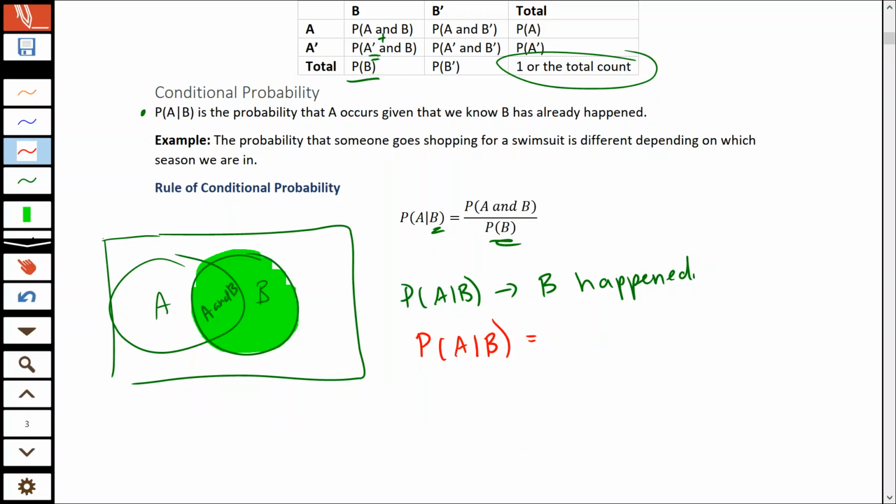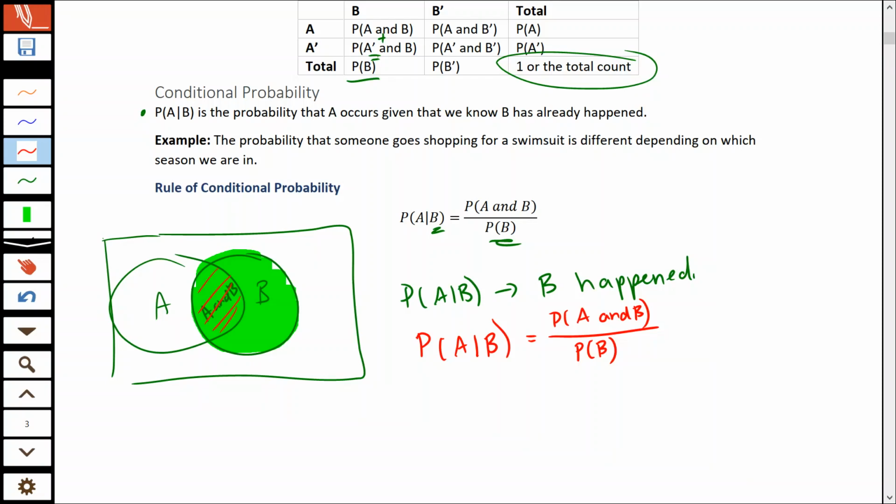So the chance that A happens is going to be this striped red area out of that green circle. And it turns out that striped red area is the joint probability. It's the probability of A and B occurring at the same time. And our circle is the probability of B. That's where our conditional probability formula is coming from.